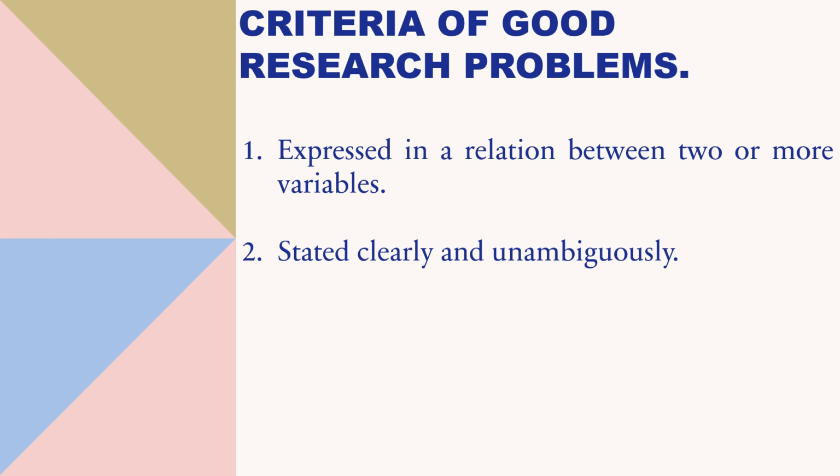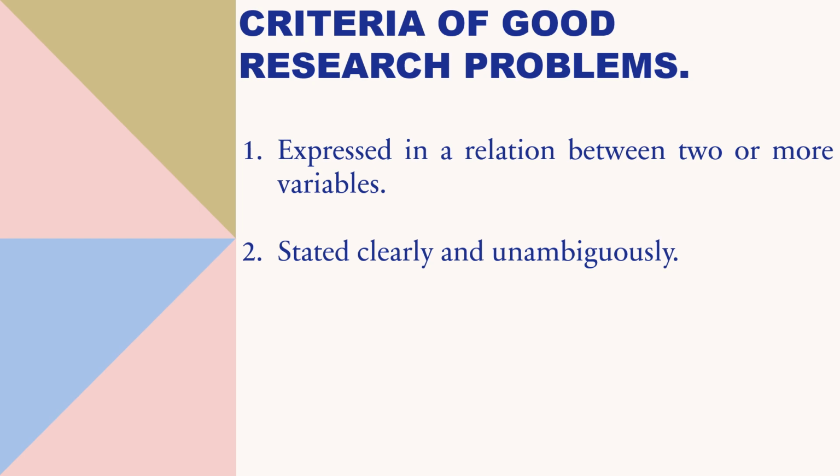As straightforward as that. But I find that sometimes students, when they are asked to present their research problems, do so unclearly and ambiguously. You read through the research problem and you cannot find what the problem is. You find the student is simply beating around the bush without pointing out specifically what the problem is.